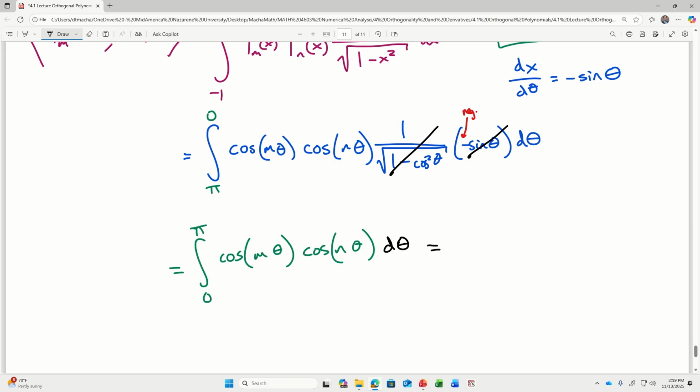And since m and n are positive integers, but they're not equal to each other, this is 0. And if the inner product is 0, that means these polynomials are orthogonal.